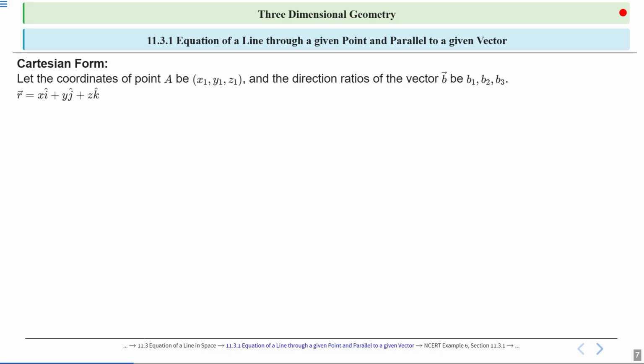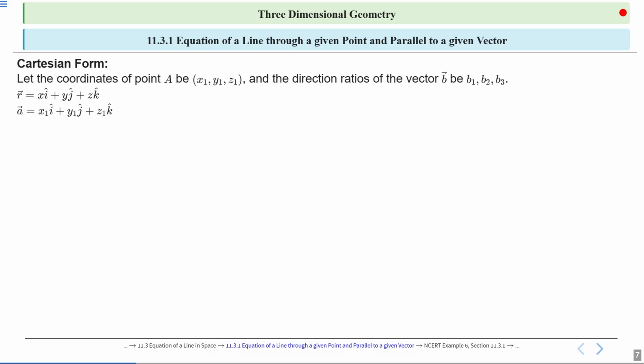Then we can express it as r vector equals x times i cap plus y times j cap plus z times k cap, where x, y and z are the coordinates of any general point on the line, and i, j and k are the unit vectors along the axes x, y and z.